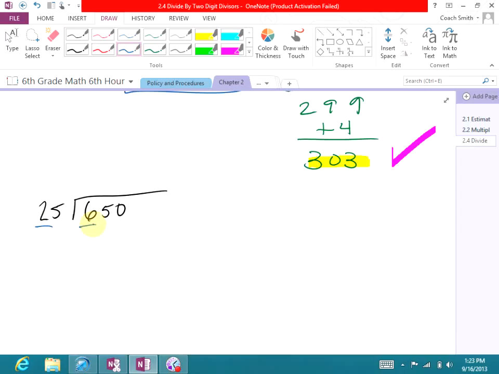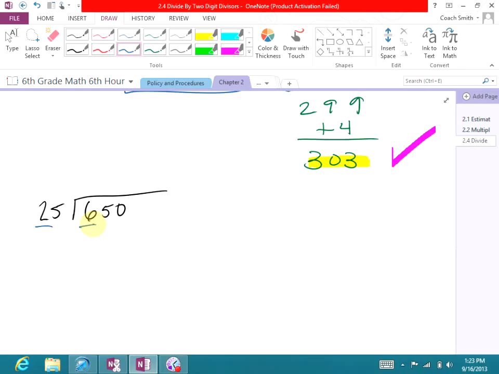Tayshawn? 3 times. That can give us an estimate of how many times 25 goes into 65. Now, we know that 3 times 25 is what? If I have 3 quarters, how much do I have? Nick? 75 cents. So 3 times 25 is 75.